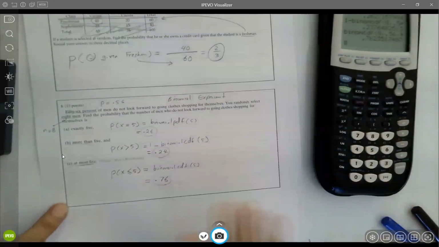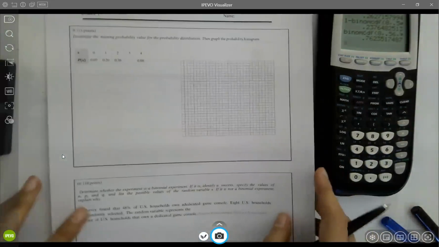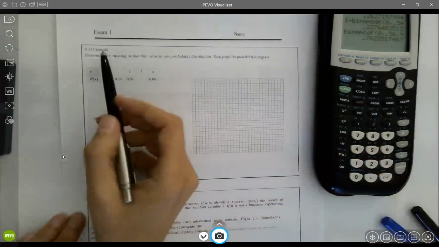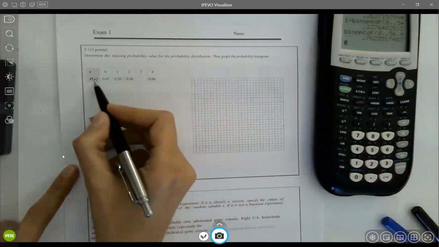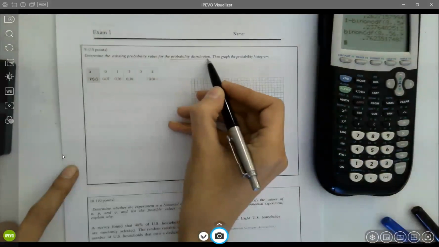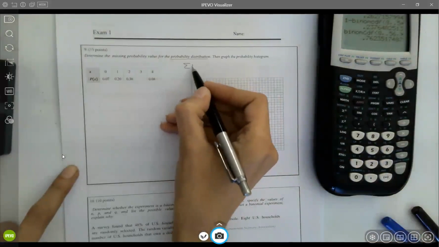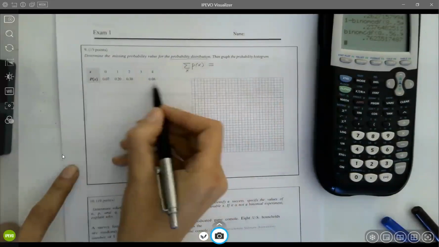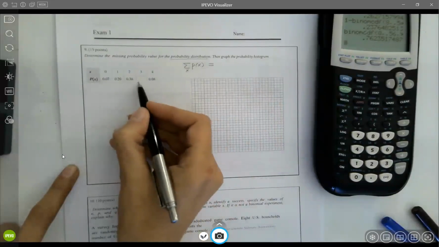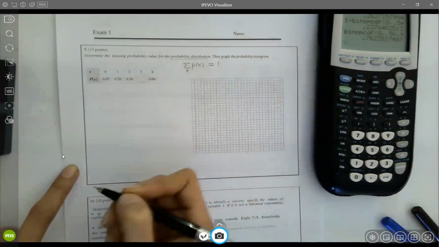Next question. For question 9, it says, determine the missing probability. Well, we know that since we have a probability distribution, if we add all probabilities, the sum of all of these decimals, including this missing value, must be equal to 1.